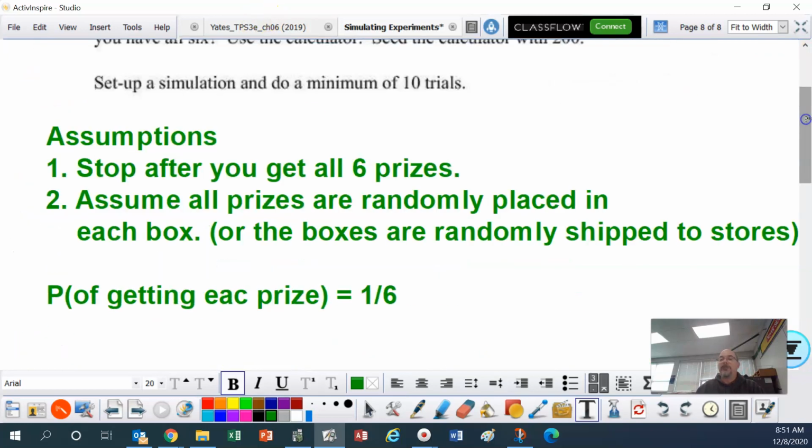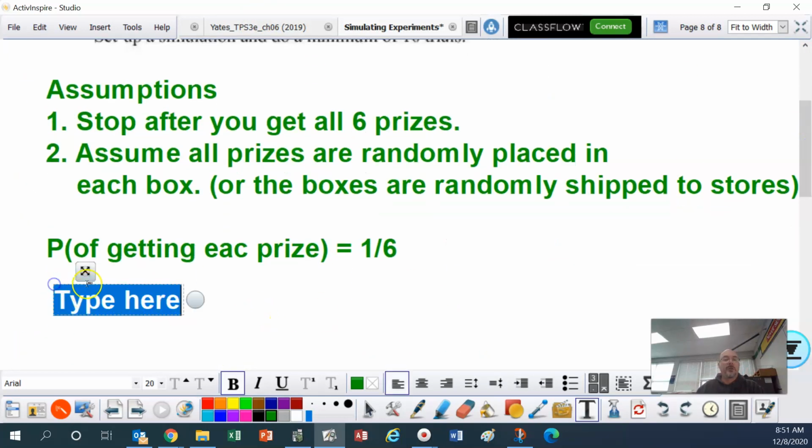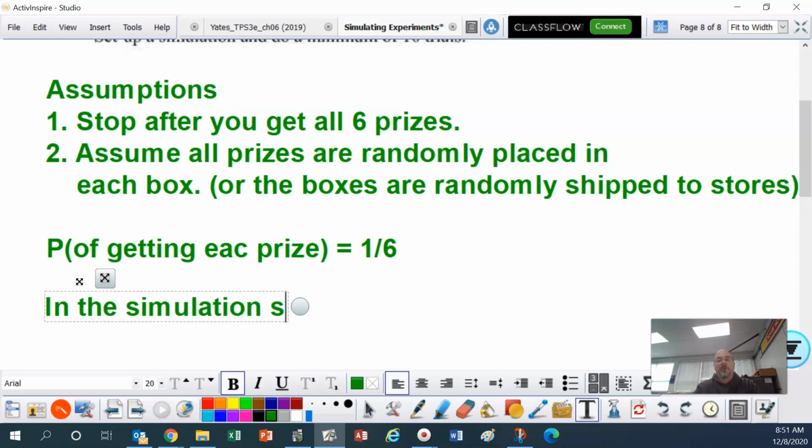Now, when we set up this simulation, folks, we're going to use numbers 1 through 6. You can't set it up any other way.